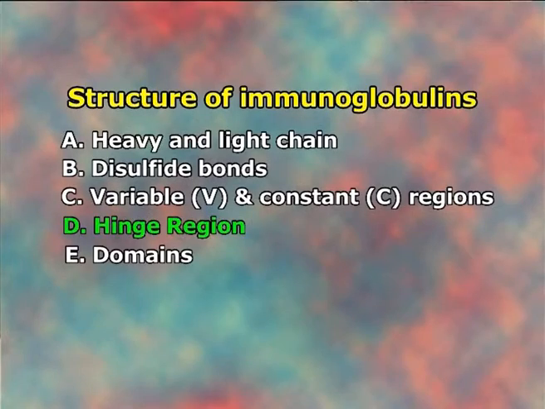These are, first, the light chain, indicated by variable light, which consists of 110 amino acids, and constant light, consisting of 110 amino acids. Second, the heavy chain, consisting of variable heavy chain with 110 amino acids and constant heavy consisting of 330 to 440 amino acids.